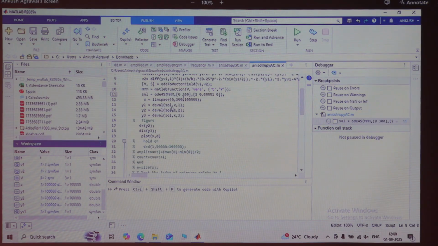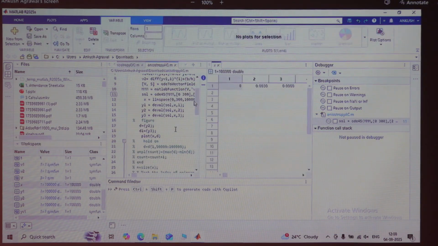The variation with the time will be there, but it should be in very small sub-intervals. So for defining that, what we have done is X is linspace. You can use any symbol. Linspace means linearly spaced. If I am going from 0 to 300, there is a syntax, X equals linspace 0 to 300, comma this 10,000. This 10,000 defines how many sub-intervals you are taking. You are getting my point?